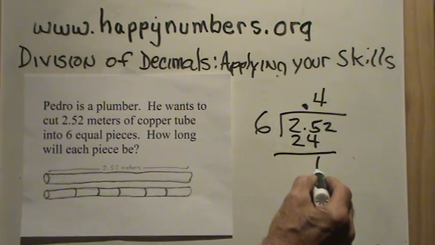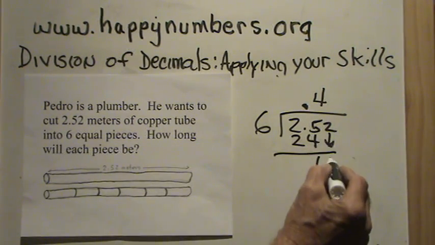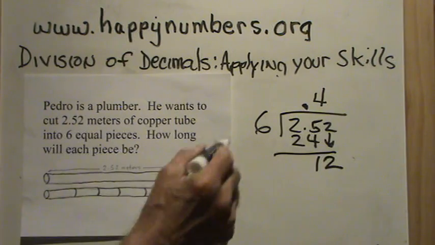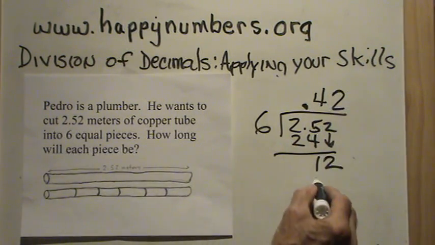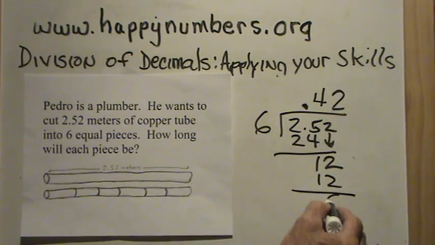Subtract, and we have 1. We bring down our 2. We have 12. 6 goes into 12 2 times. 2 times 6 is 12. 0, and nothing to bring down, so that's it.